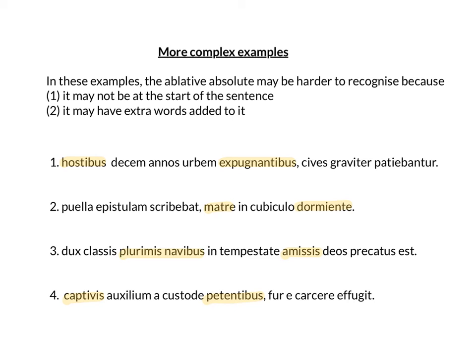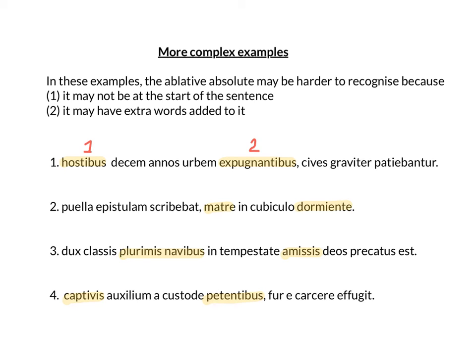So let's now do some translation. Remember that each time we want to begin with the word when, or possibly while or as. Then we're going to go in, first of all, with the noun in the ablative case, and secondly, the participle.